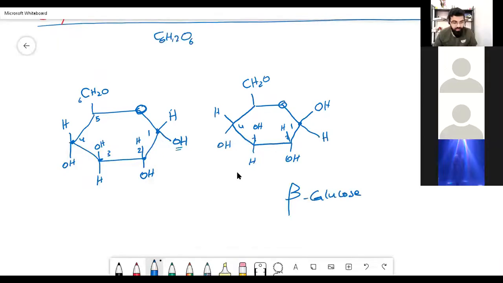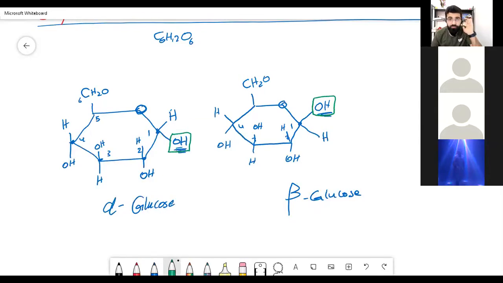The other one is called alpha glucose, if the OH is downward. So the two forms of glucose are the same in everything except the direction of the OH. If it's upward, it's beta, B letter. If the OH is downward, this is alpha glucose. Is it clear?